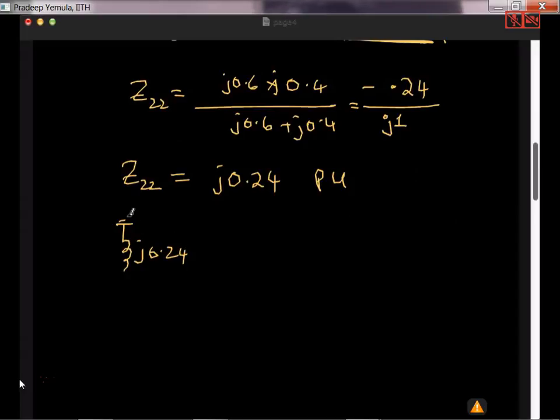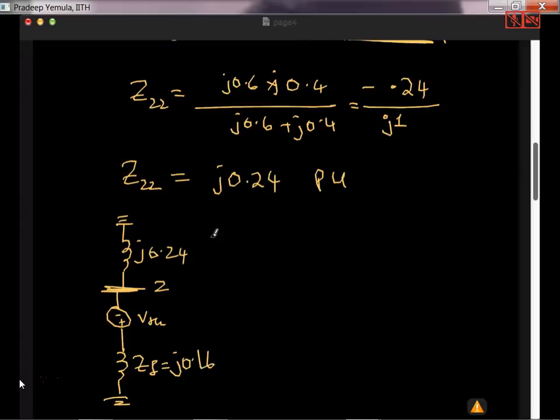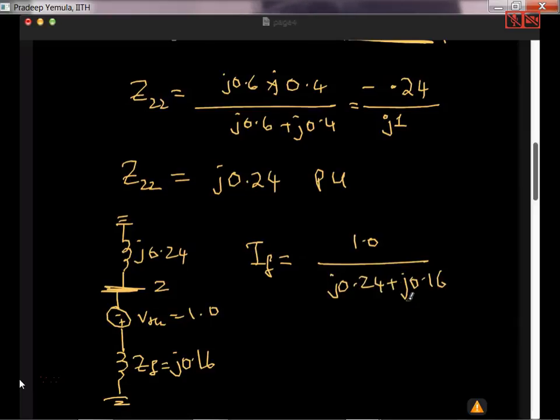So I have a simple network now, J0.24, then this is bus 2, then I have the Thevenin's VTH, and then I have the fault impedance. J0.16 was given. So finally, what is the fault current? Fault current for bus 2 fault is nothing but 1.0 divided by J0.24 plus J0.16.